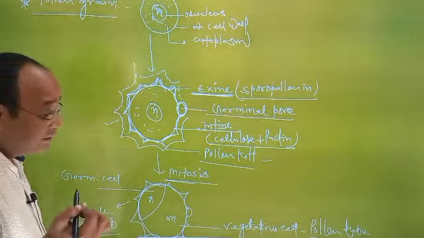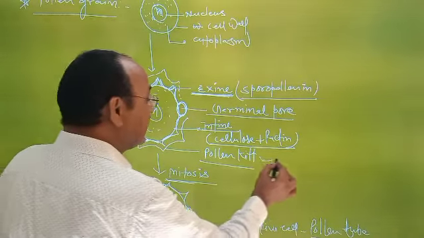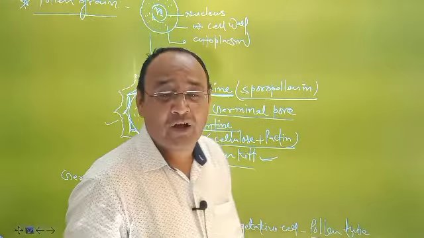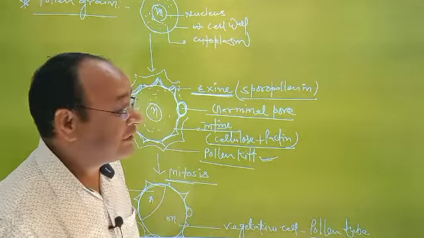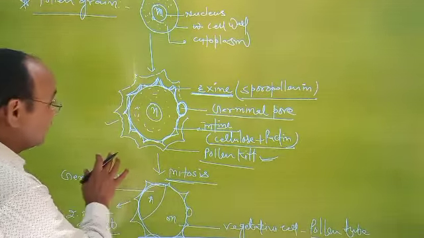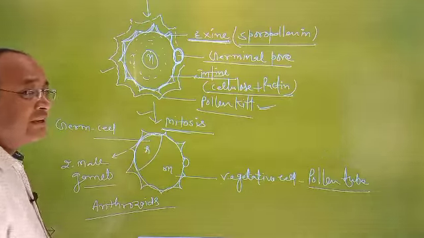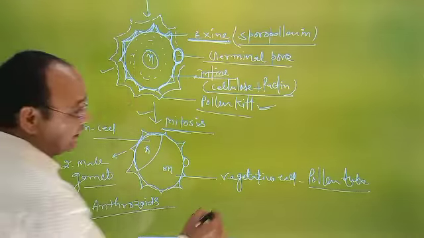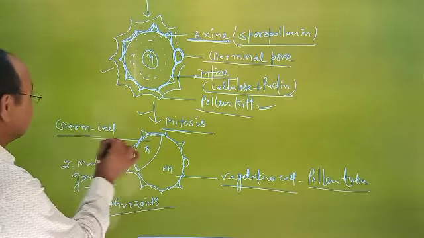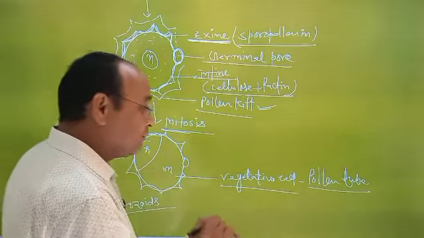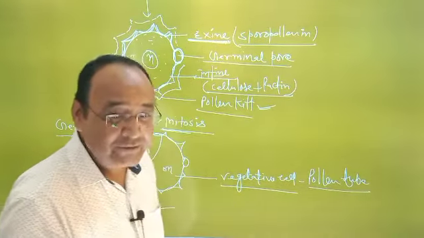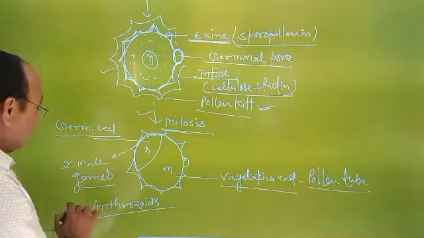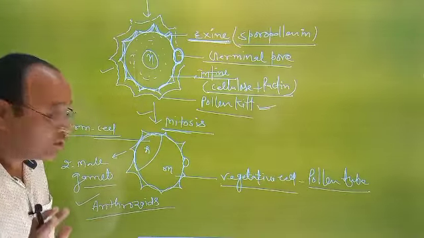In some pollen grains, another sticky layer called pollen kit is present, which provides attractive color and smell and helps in insect pollination. Now the pollen grain undergoes mitotic division and develops two cells: the big cell is the vegetative cell and the small cell is the germ cell. The vegetative cell develops the pollen tube during germination, and the germ cell develops the two male gametes, called anthrozoids.